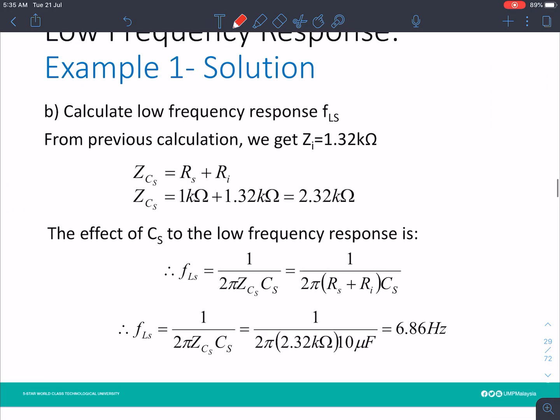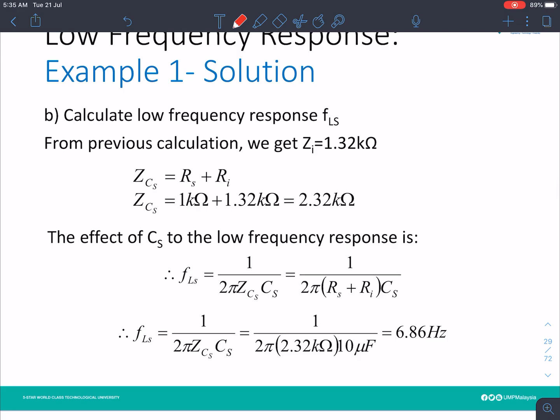Then we calculate the frequency response, FLS. FLS means that at the capacitor CS. Where is the CS? CS is at the input side. So the impedance now, ZCS, from the circuit we have RS, so the total is RS plus Rin.